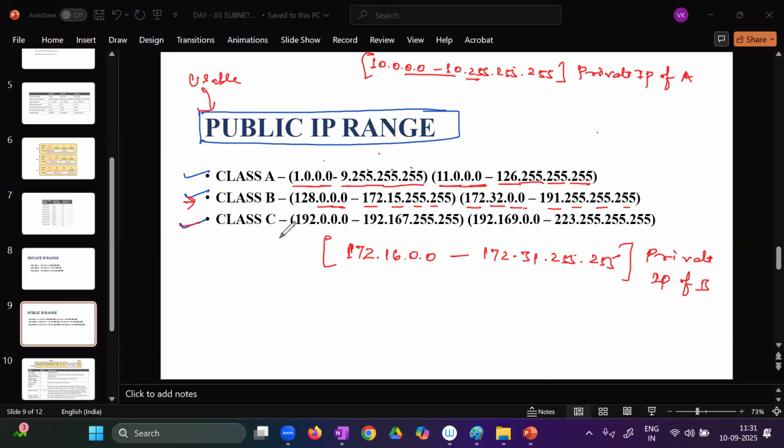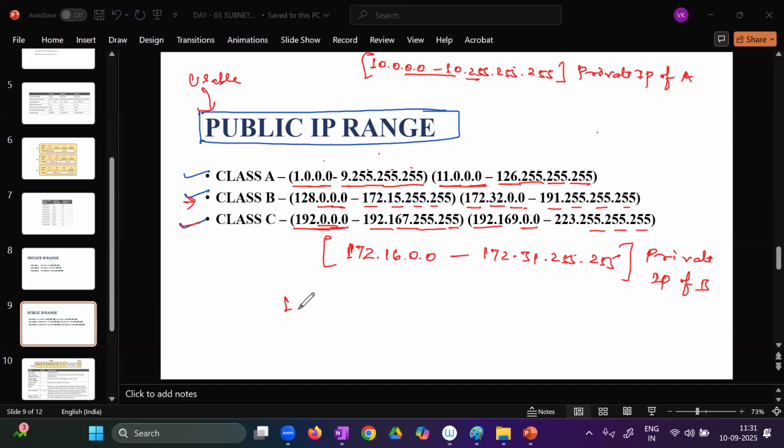Next, see in class C, the IP is starting from 192.0.0.0 and ending at 192.167.255.255. Next is 192.169.0.0 and then 223.255.255.255. So whatever is coming in between them is reserved for private IP.